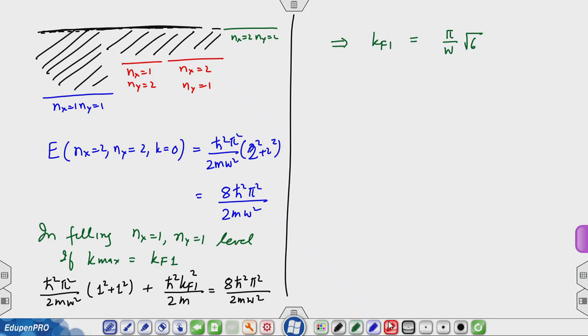Similarly, I am going to have h cross square pi square over 2 m w square. Now, the next level which I am filling is n x equals 1 and n y equals 2, or the other way, it is the same thing, plus h cross square, and let us say I have k f 2 square over 2 m is going to be equal to h cross square pi square over 2 m w square times 8.